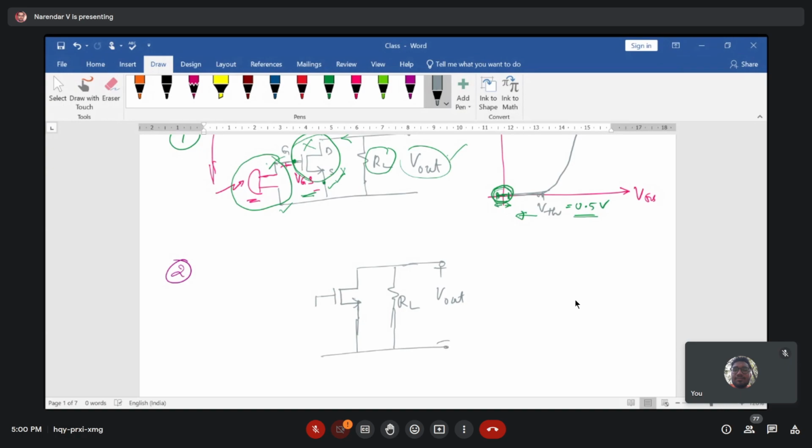Here we connect our mic, which is of 50 millivolts. Let me write it like this, 50 millivolts.